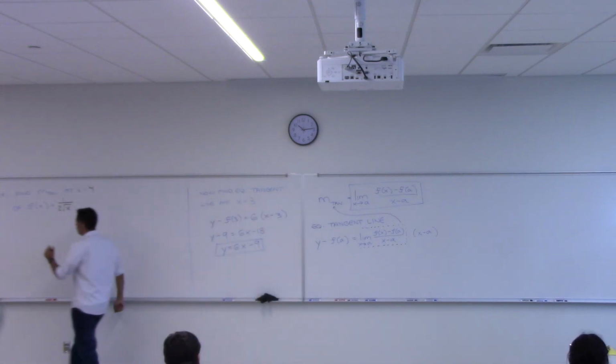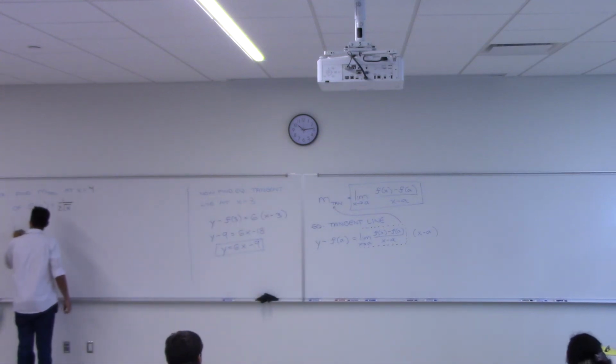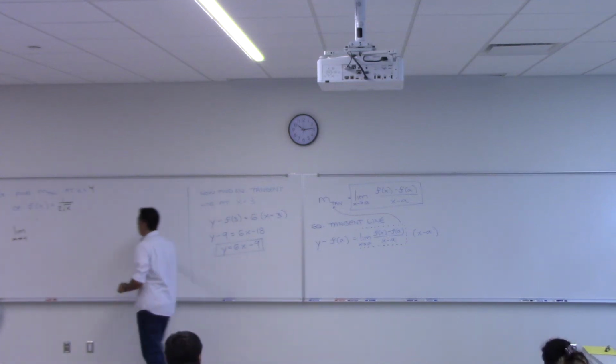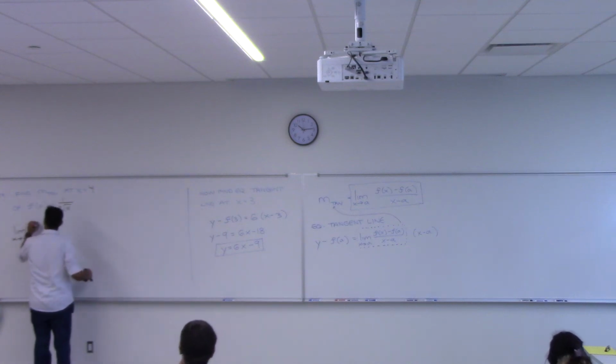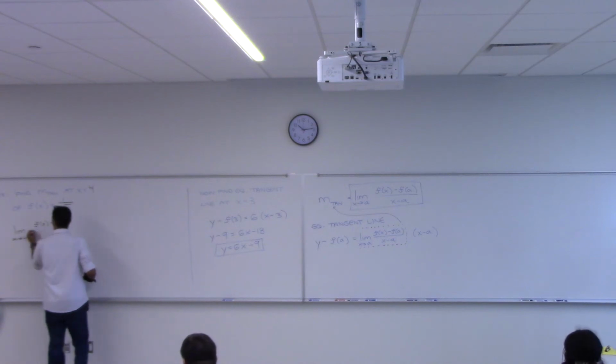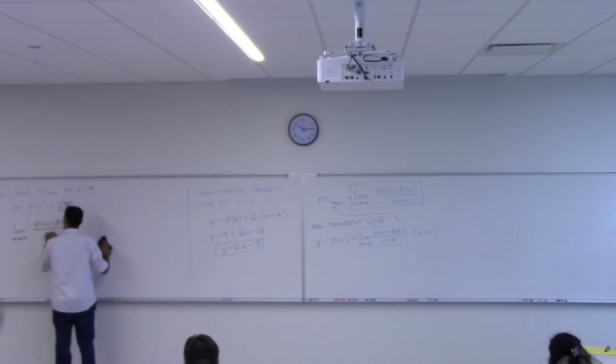So I'm going to do the limit as x approaches 4 of f of x minus f of 4 over x minus 4.